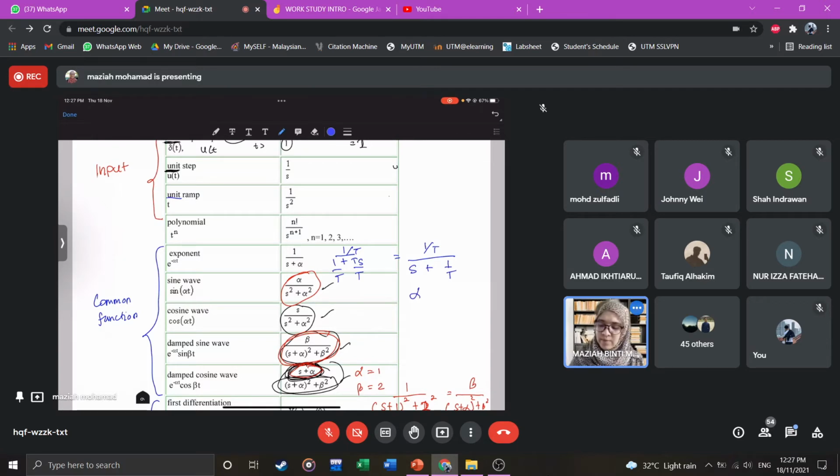Therefore alpha is 1 over t, and we get exponent negative alpha t, with alpha being 1 over t.